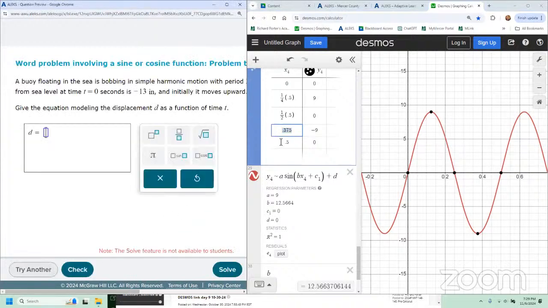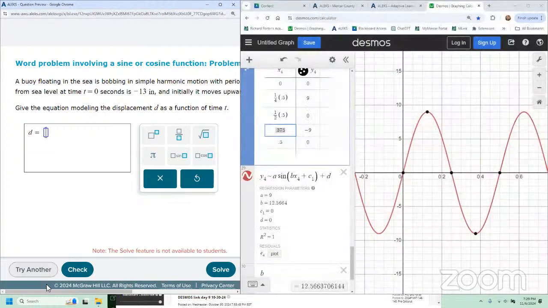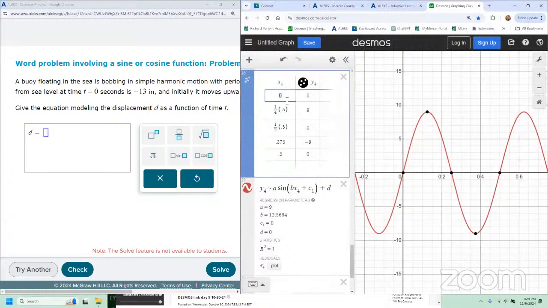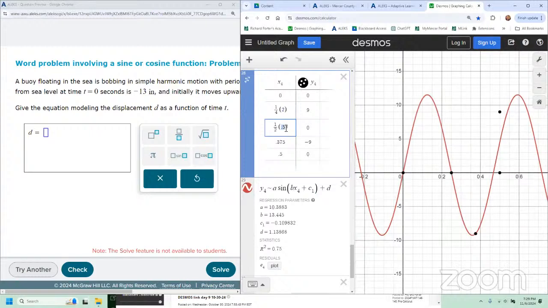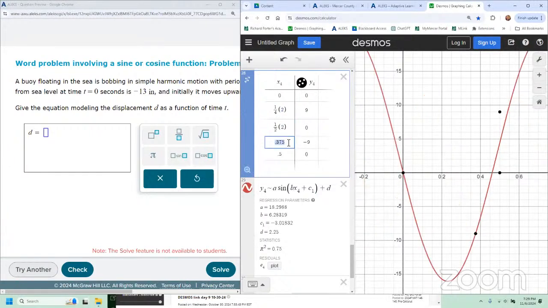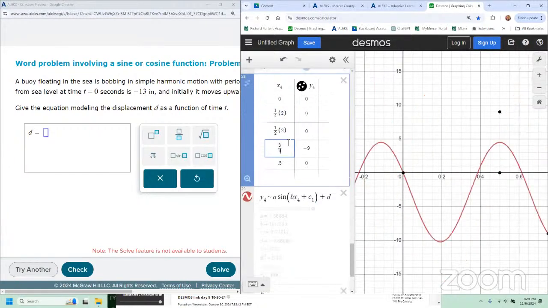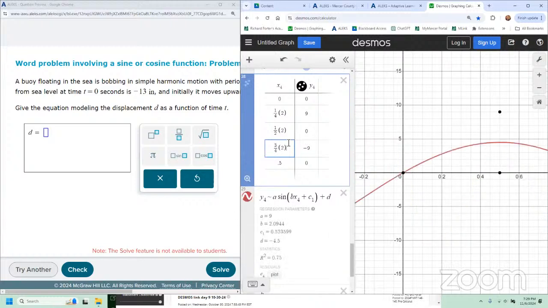So if I have a different one, here the period is 2 seconds. So I have 0 times 2, 1/4 of 2, 1/2 of 2, 3/4 of 2, and then I have just 2.